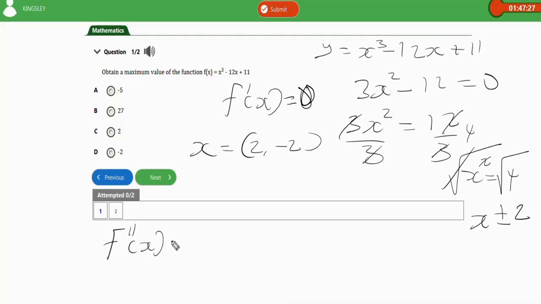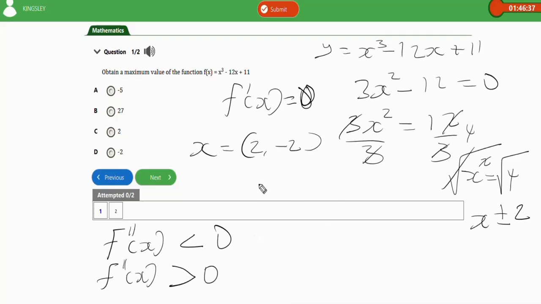At second derivative test, a function is said to be maximum when f double prime of x is less than 0, whereas a function is said to be at minimum when f double prime of x is greater than 0. Just opposites of each other.